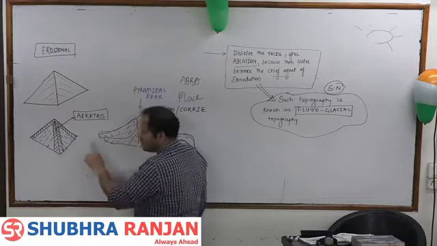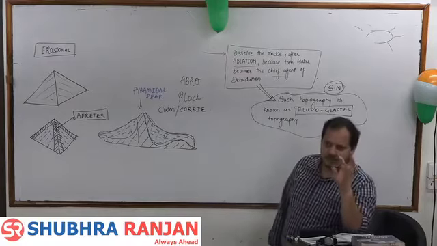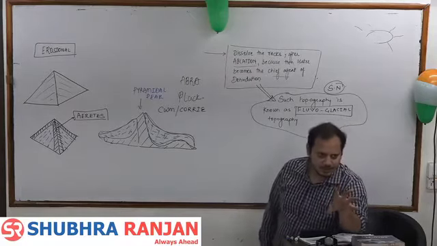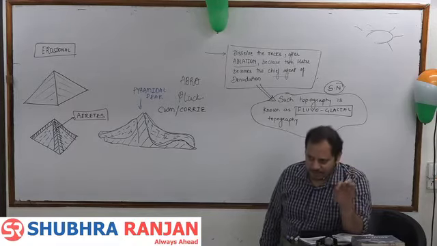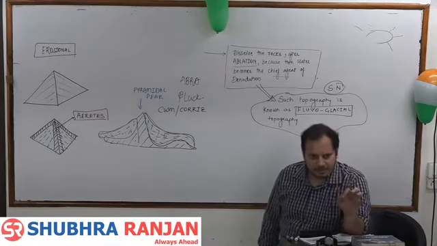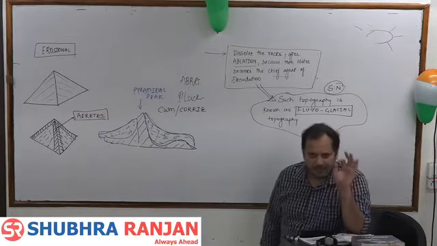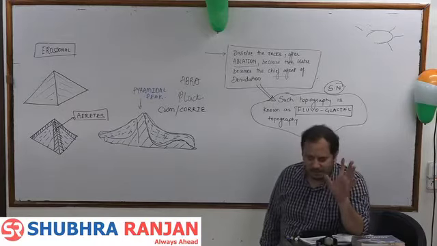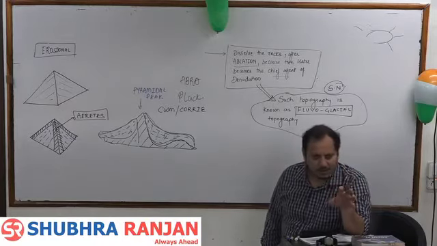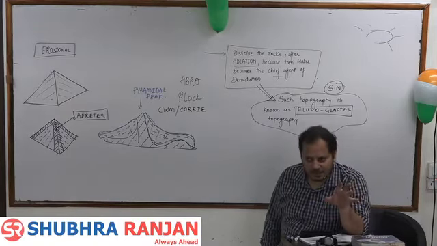Getting it? What is a pyramidal peak? The pyramidal peak is the peak of a mountain in the glaciated region. It is angular in shape. It is very, very sharp. Reason? Because of the glaciers cutting back in opposite directions. Example, Mount Everest. Example, Nanda Devi. Example, Mont Blanc. Example, Mount McKinley.